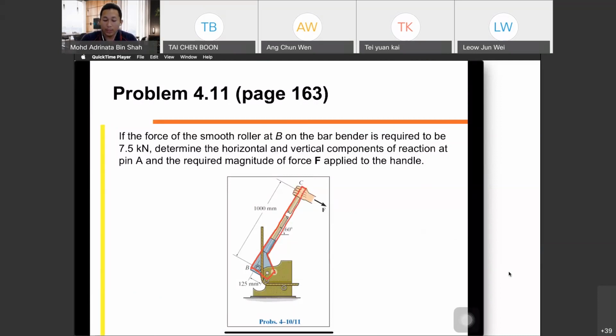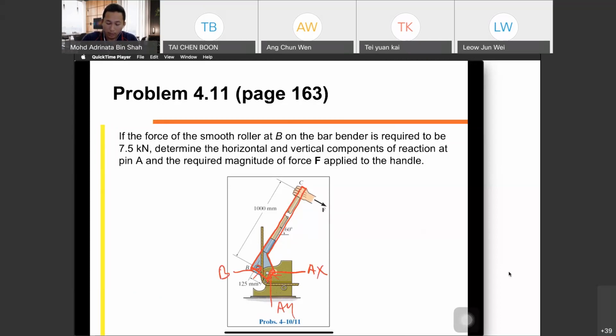So itu adalah dia punya body. So you need to use pin at A. So dekat A ni ada pin, dekat B ni ada force A, X, A, Y.